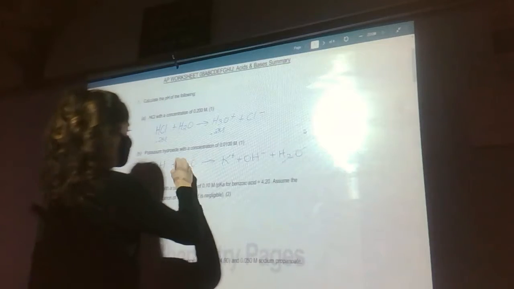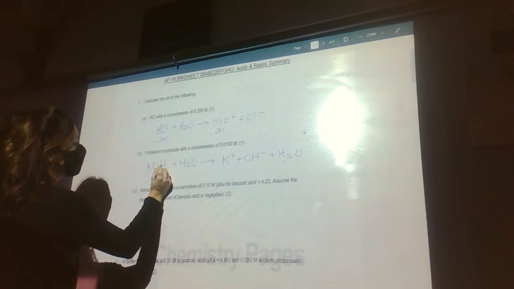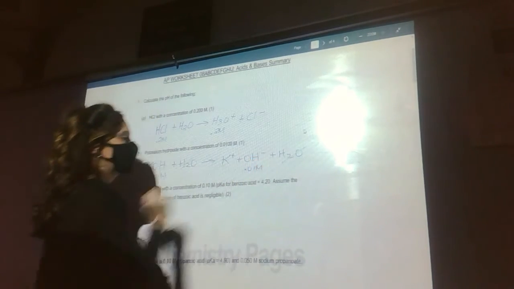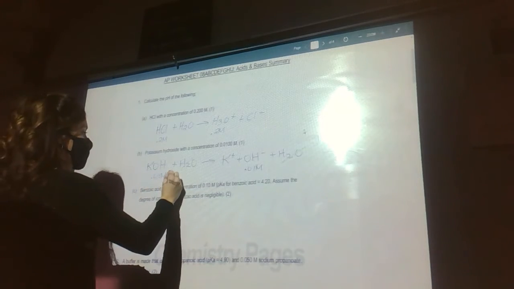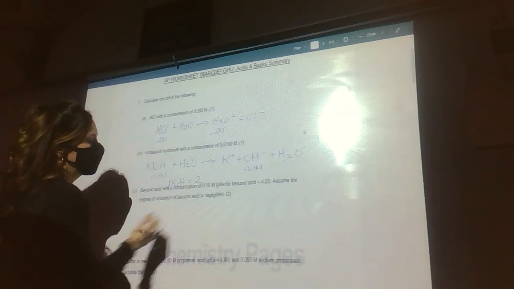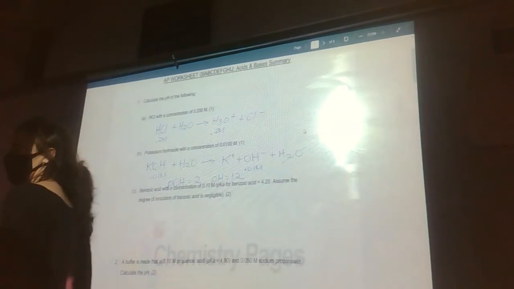Water is a spectator here. If this is 0.01 molar, this is 0.01 molar. Find the pOH, which is 2. So your pH is 12.